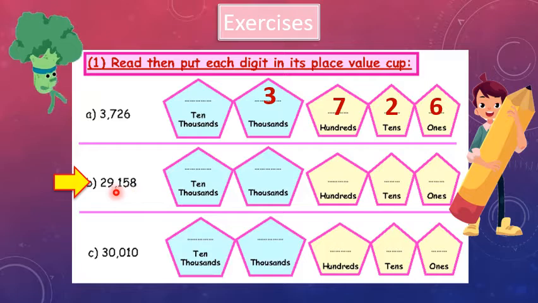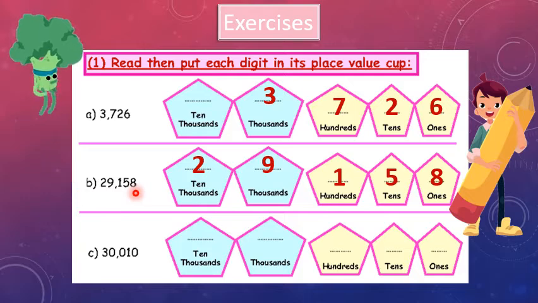Then put these digits in these cups, beginning from the ones place. 8 in the ones place, 5 in the tens place, 1 in the hundreds place, 9 in the thousands place, and 2 in the 10,000s place. Last one, here we have ones, tens, hundreds, and put our comma, which is called a thousand. Then read the number to the left of this comma, which is called 30,000.